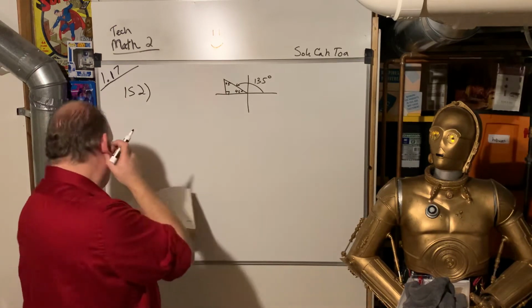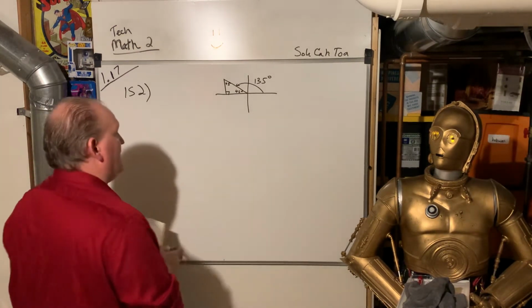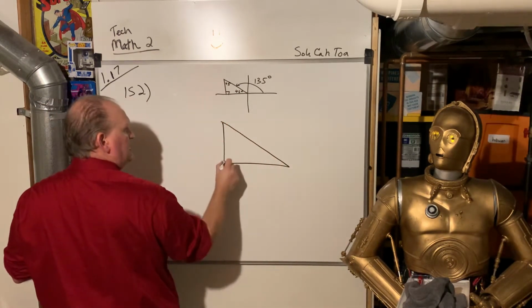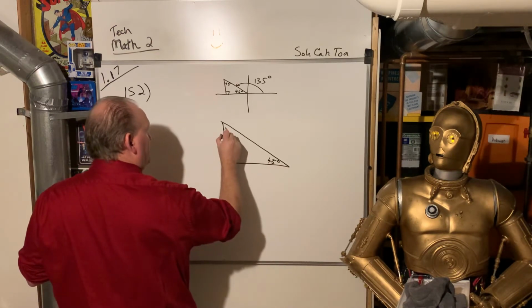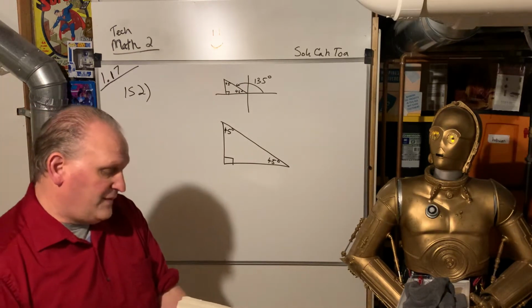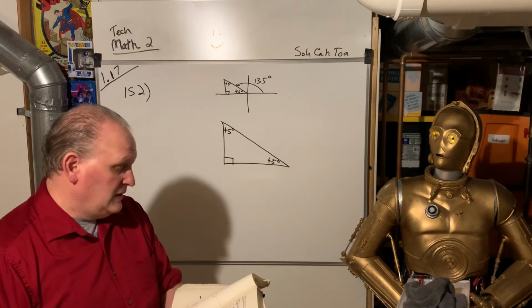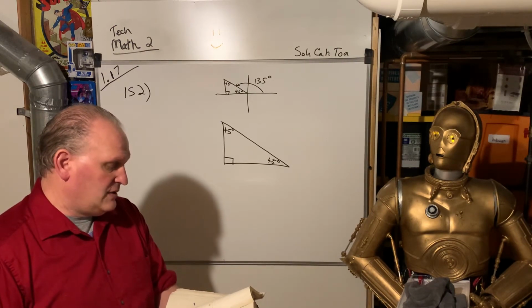So we have a 45, 45, 90. So if they want the cosine of 135, let's blow this up into a triangle that's easier to see. And see what we have here. We have 45, 45. And let's see that we need at least one other piece of information. They told us using the values from the last frame, find the cosine.